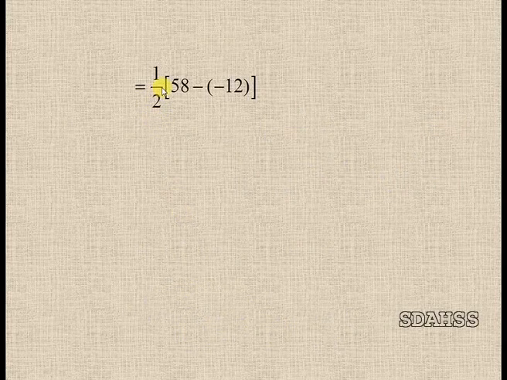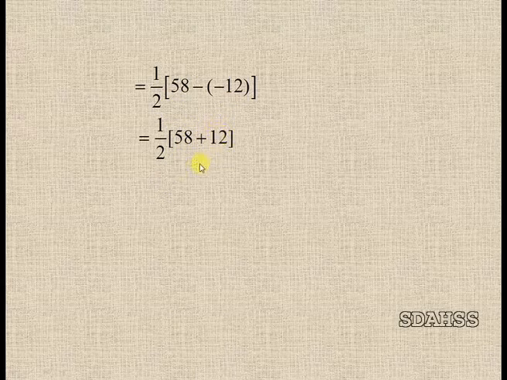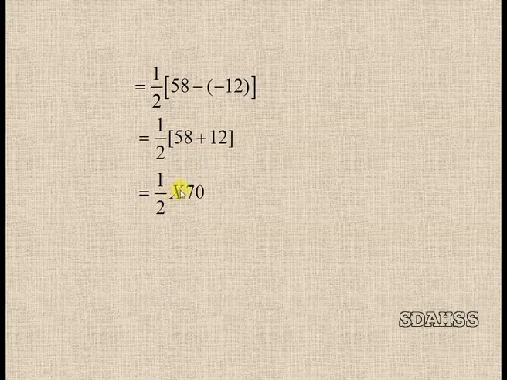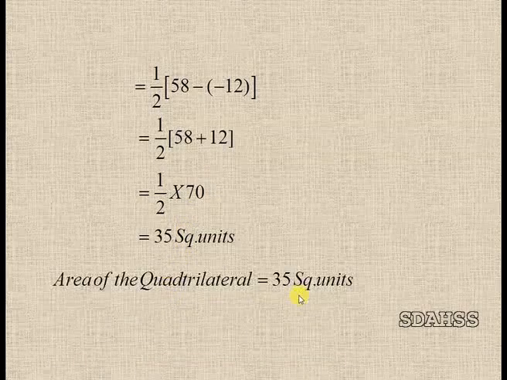Half into 58 minus of minus 12. Here minus into minus is plus, so half into 58 plus 12. 58 plus 12 is 70. Half into 70. Cancel the numerator and denominator by 2, then you have 35. So the area of the quadrilateral is 35 square units.